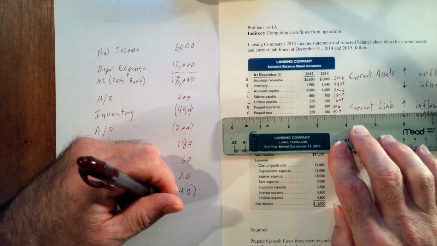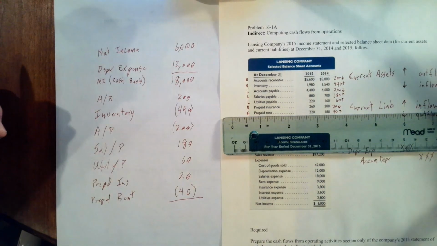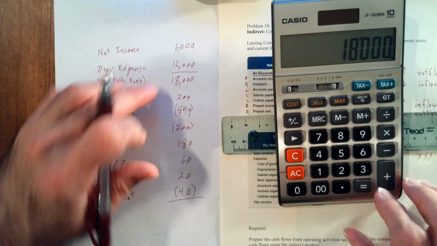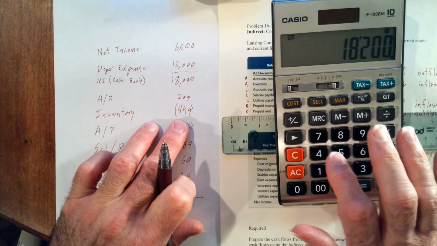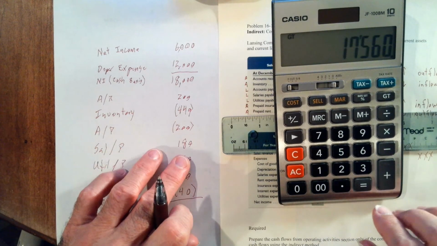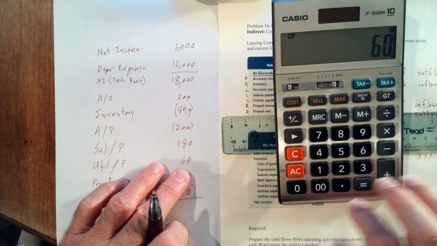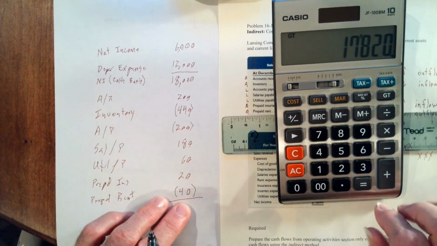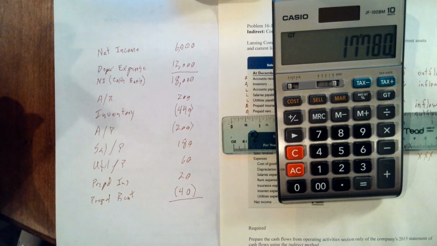Folks, does this make sense? So if I start with 18,000 and I go plus 200, minus 440, minus 200, plus 180, plus 60, plus 20, minus 40, I have 17,780.